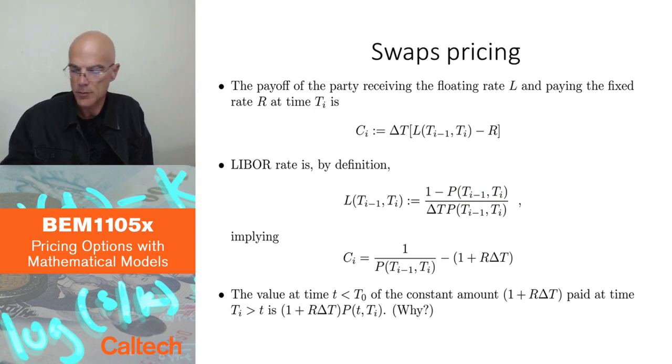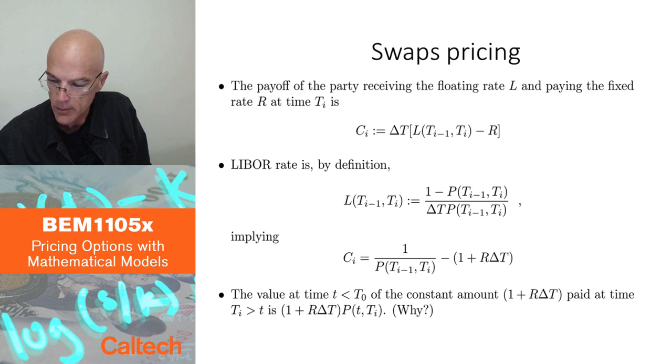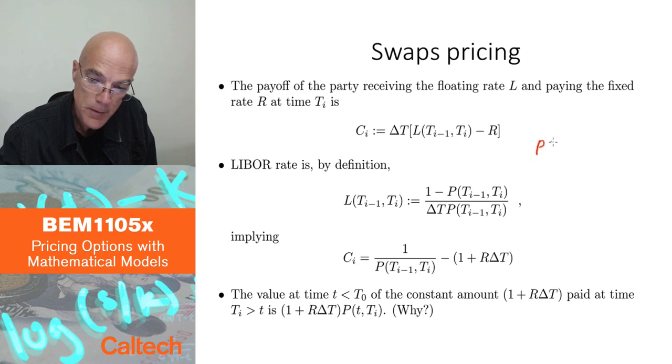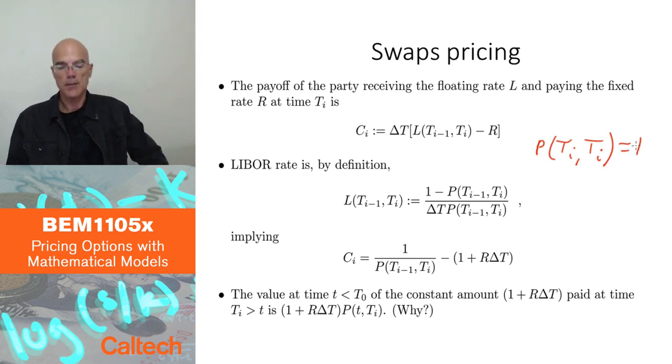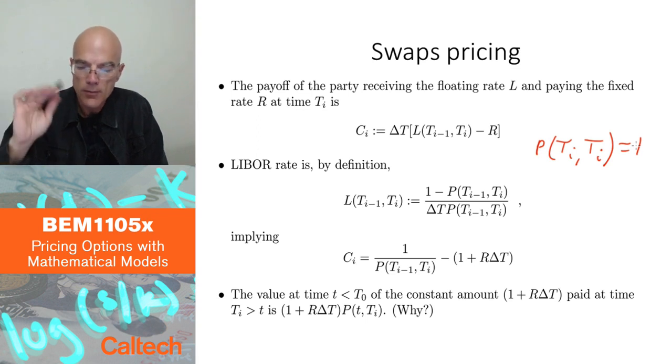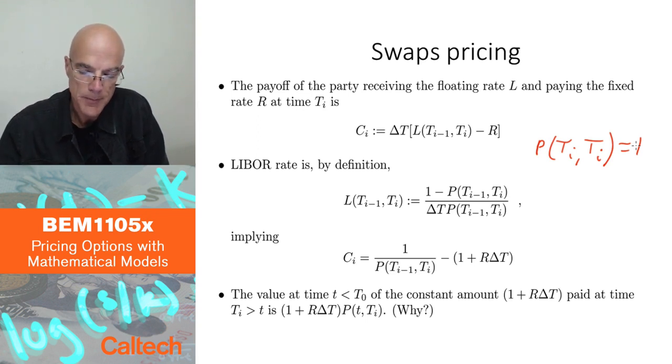I'm going to assume here for simplicity that P of ti, ti is 1, which means that the bond pays $1 at the end. It's a zero coupon bond, default free, to make things easier.